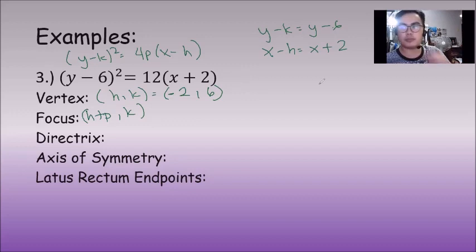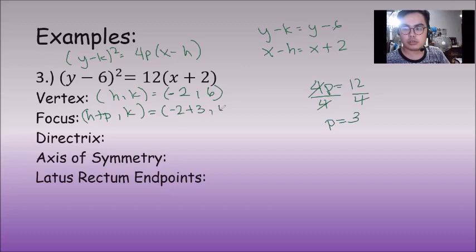In order to look for p, we're going to equate 4p is equal to 12. So dividing both sides by 4, we can tell that our p is equal to 3. So we're going to substitute according to the values of h, p, and k. So negative 2 plus 3 is 1. Then our k is equal to 6.